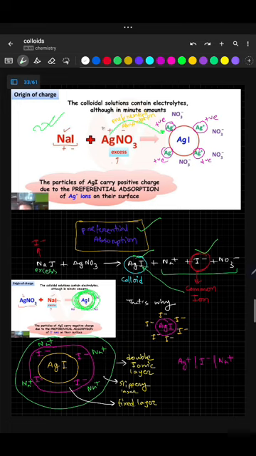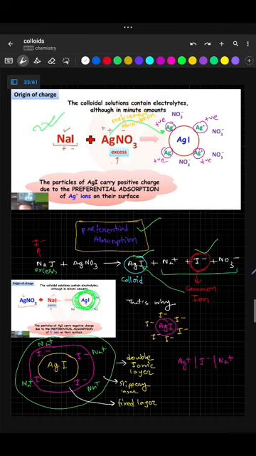Let me take a different color. Colloidal particles acquire their charge through selective absorption or preferential absorption. For example, if silver nitrate is given into sodium iodide, the silver iodide will be produced as a colloid, and it will only take iodine as its layer.